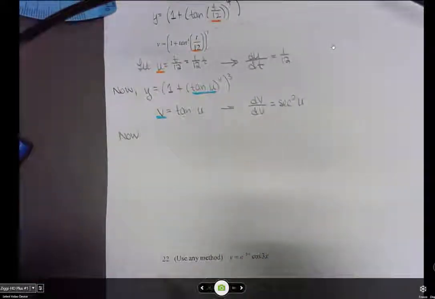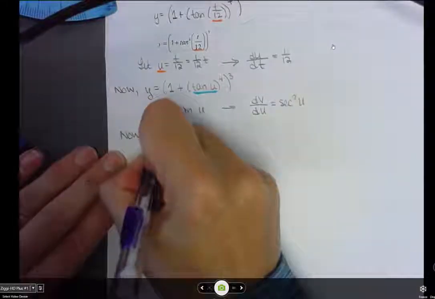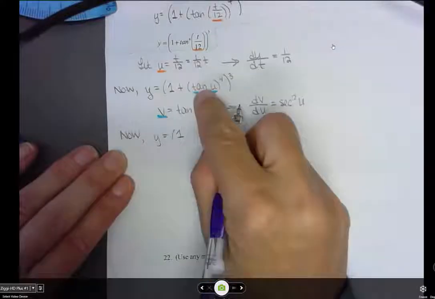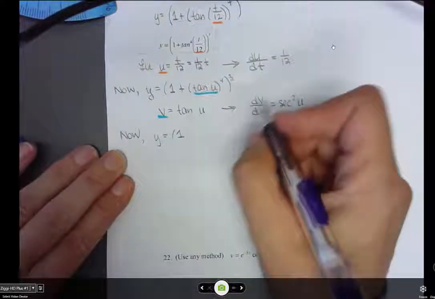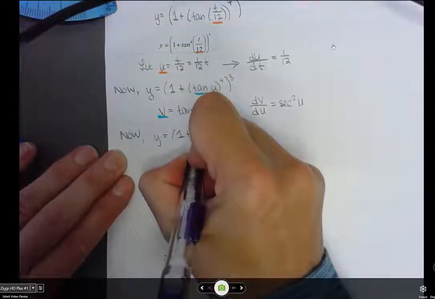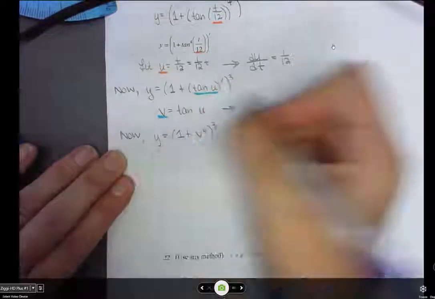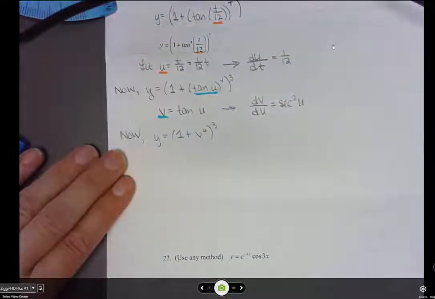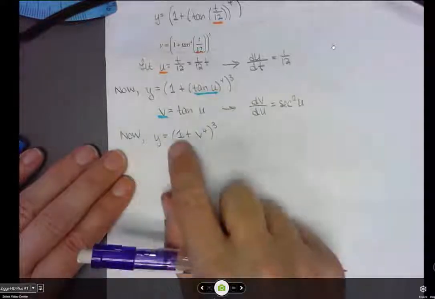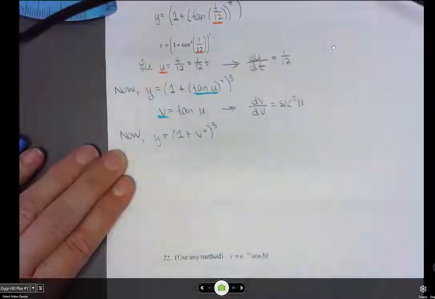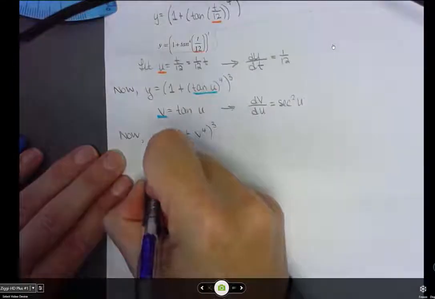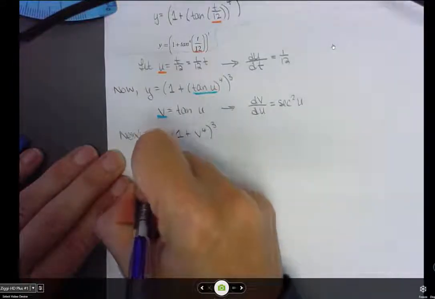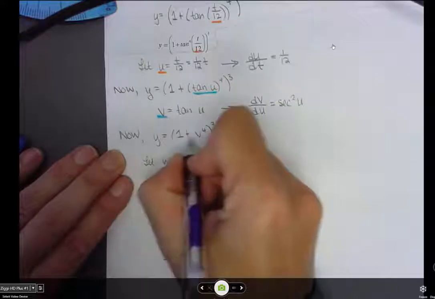So y is 1 plus v to the 4th, all of that to the 3rd power. There's still an inside function and an outside function. So I'm going to do one more step of the chain rule, and I'll let w be the inside function, which is 1 plus v to the 4th.